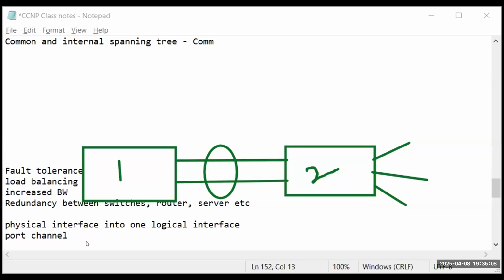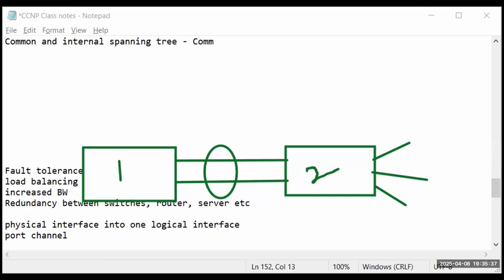That time it can have 4 ports or 8 ports. All ports can be bundled into one logical interface, so that port will have 800 Mbps of speed. That can be achieved on the server side. That's what I've mentioned: physical interfaces into one logical interface, redundancy between switches, routers, and servers can also be achieved.